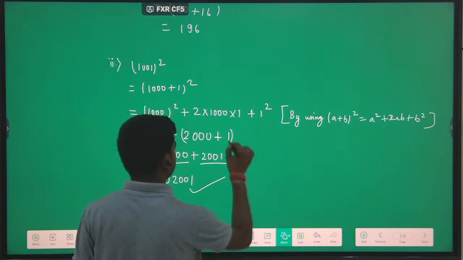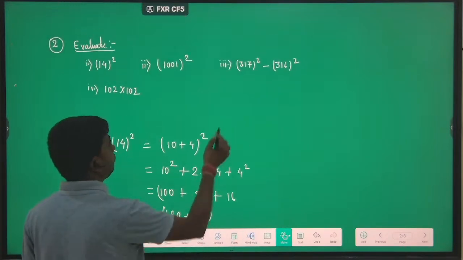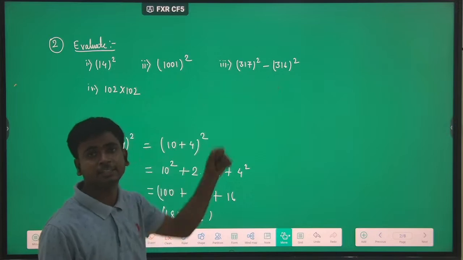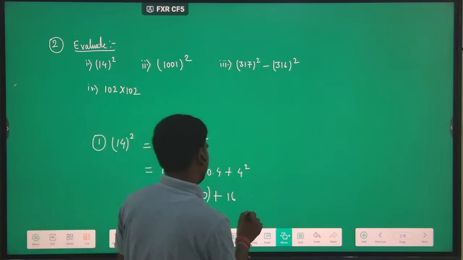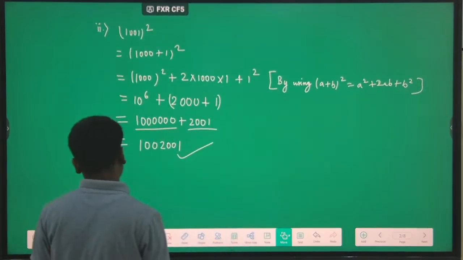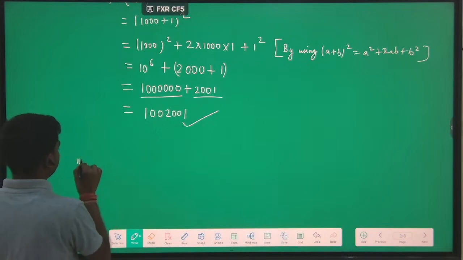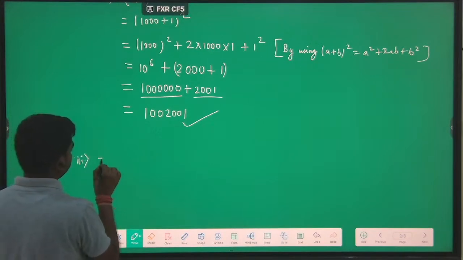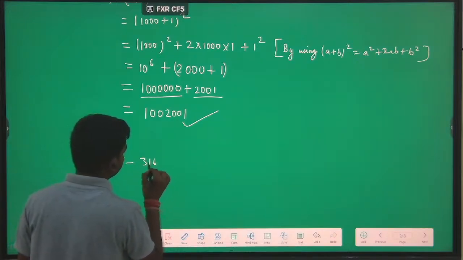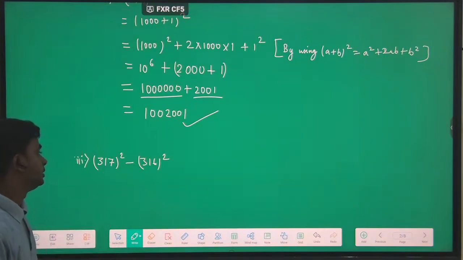Our third question is we have to find out the value of 317 square minus 316 square. What will be the value of this?